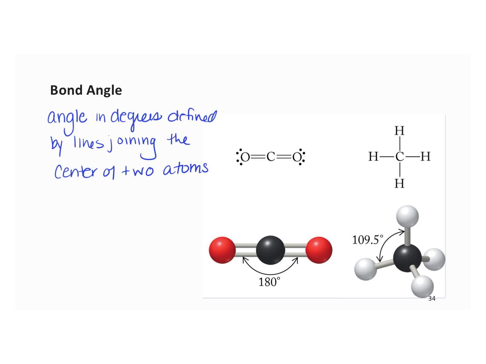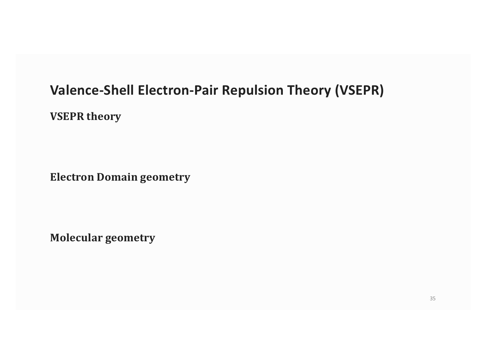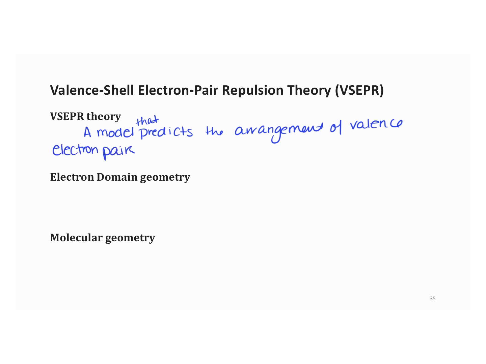And so this leads us to one of the big theories of chemistry, which is valence shell electron pair repulsion theory. That's also known as VSEPR. Now, VSEPR is just a model that predicts the arrangement of valence electron pairs around a central atom.